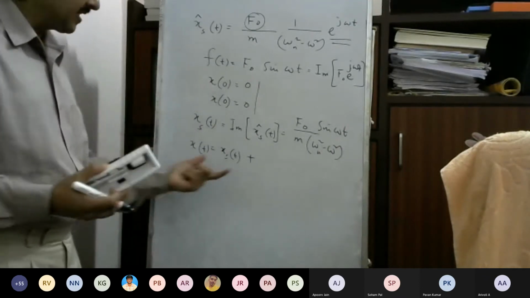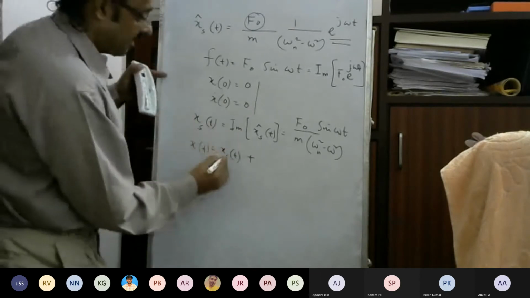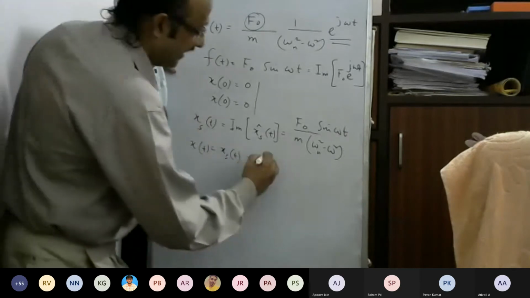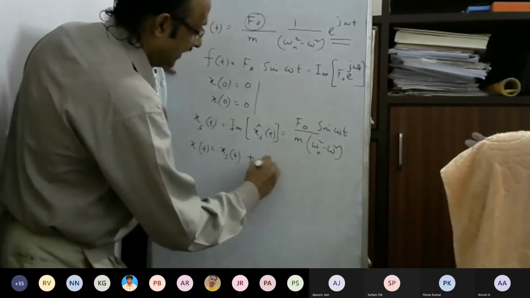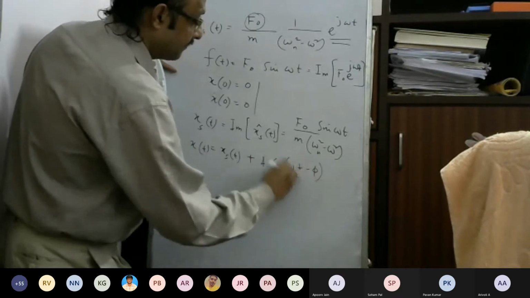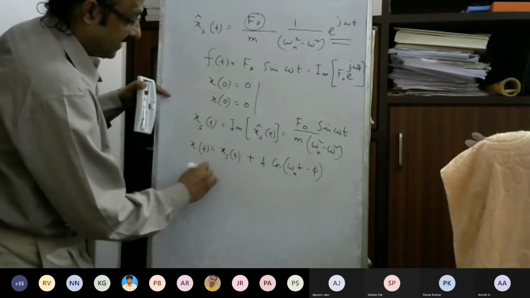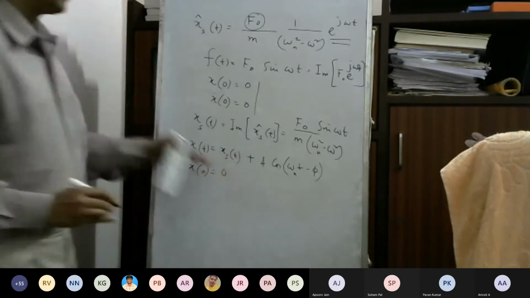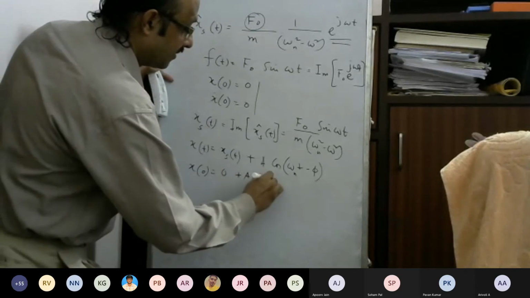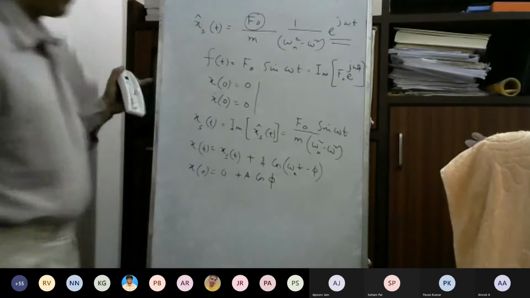In order to satisfy the initial condition, we need another component, and that component comes from the free vibration part, that means the contribution from the unforced system, and that will be equal to, let us say, A cosine(omega n t minus phi). Now at t equal to 0, x is equal to 0, and this will be equal to A cosine phi.